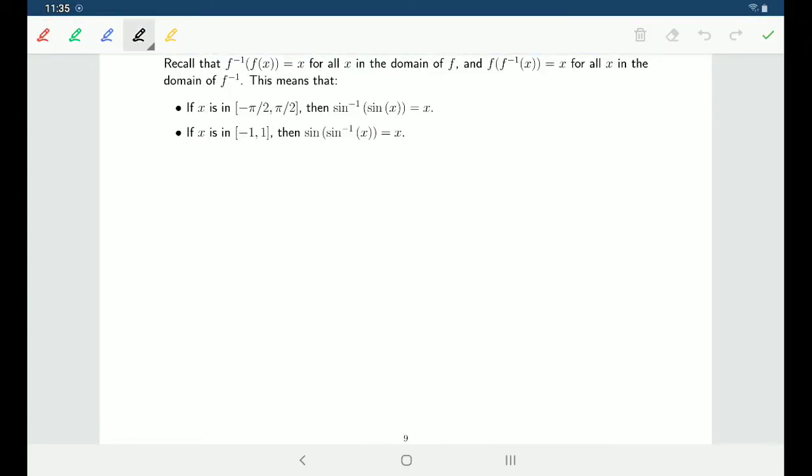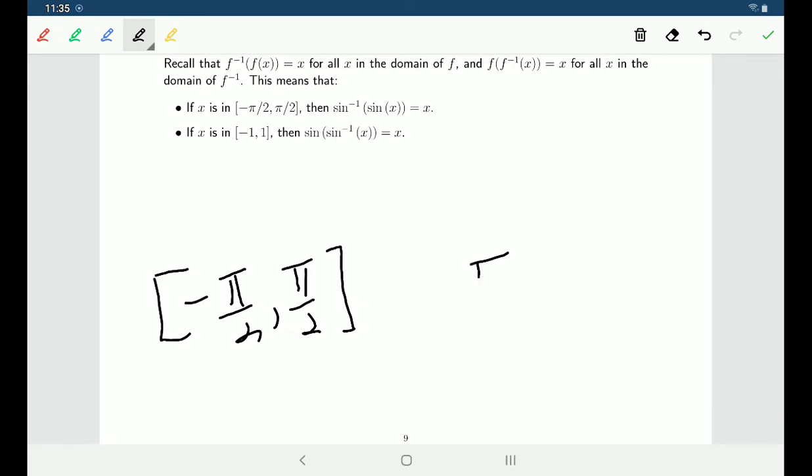Welcome back, everyone. So now we're going to start talking about compositions of sine with sine inverse. And just before I do that, I'm going to write down again my restricted domain for sine, which was negative pi over 2 to pi over 2, and the range for sine, negative 1 to 1.